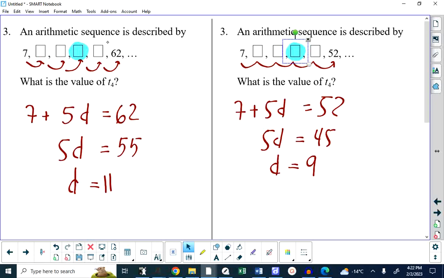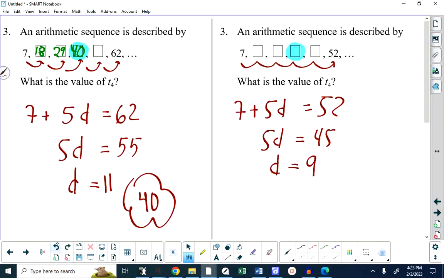If we look at the version on the left, if the common difference is 11, then if I add 11 to 7, that gives me 18. If I add 11 to 18, that gives me 29. If I add 11 to 29, that gives me 40. The answer to this question is the fourth term is 40.